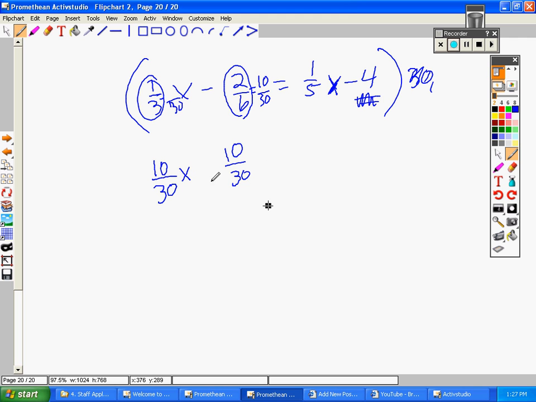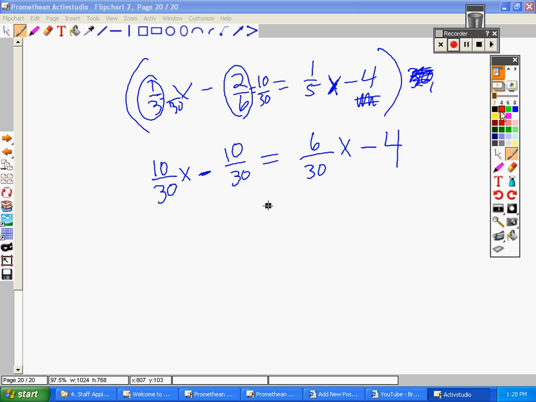So they're both 10/30ths. See, even I make mistakes sometimes. And then 1/5 is going to be times 6, times 6, 6/30ths, minus 4. Remember, you don't have to do anything with the 4 because you just made these fractions into equivalent fractions. You didn't multiply everything by the same number, which you would have done if you multiplied by 30.